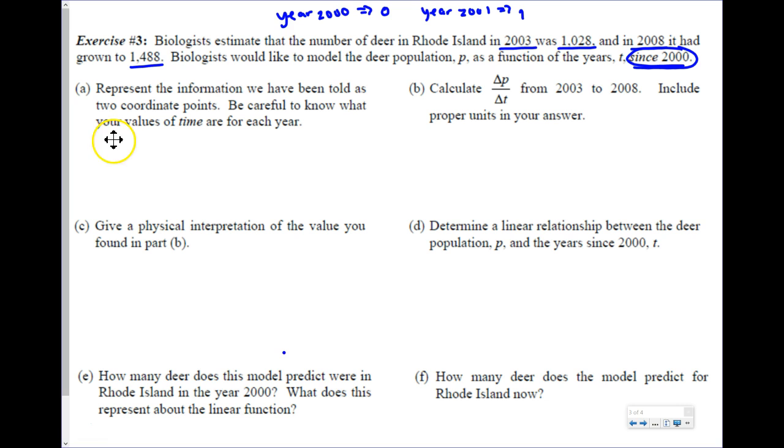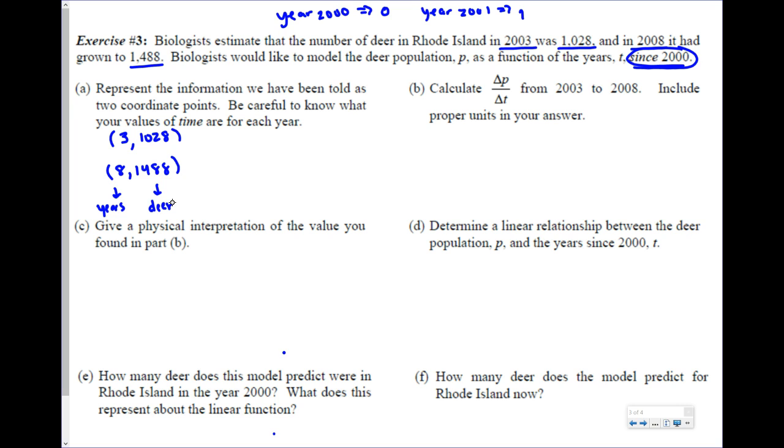So my first point isn't 2003, it's just the number 3, comma, 1028. My second point is not 2008, but the number 8, comma, 1488. So these are my 2 coordinates where this is years and this is my deer population, okay?